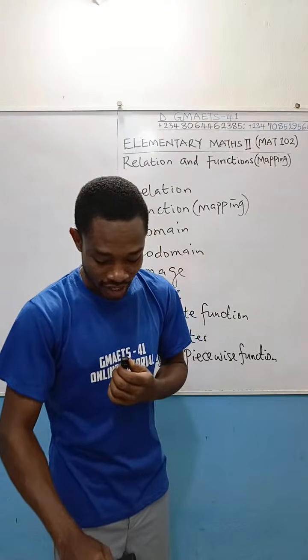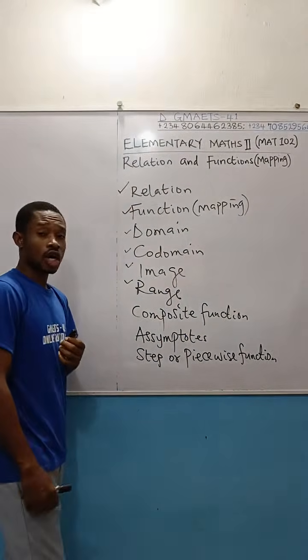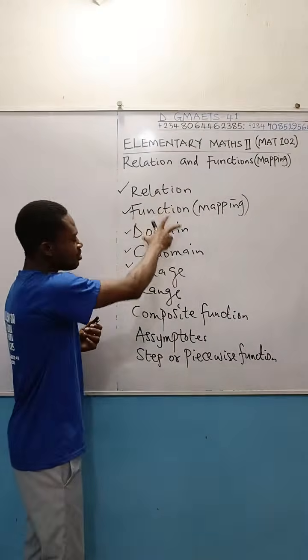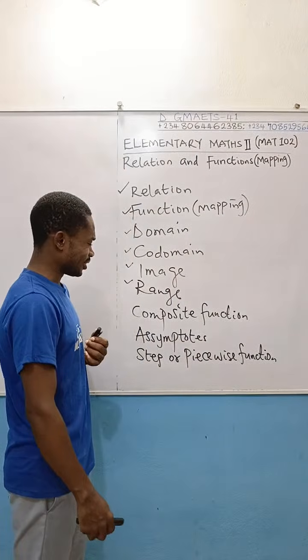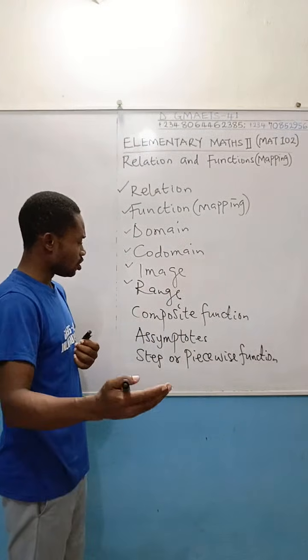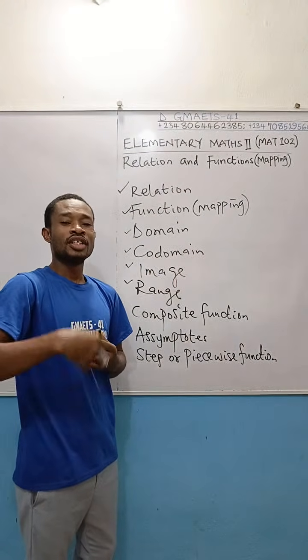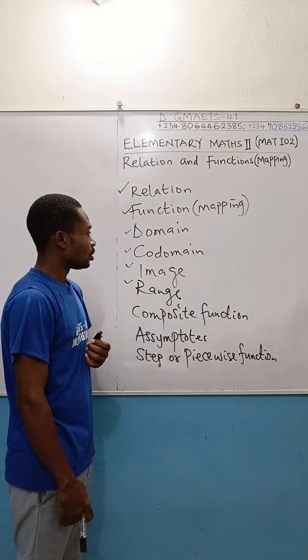But don't worry, like I said, we're going to deal with all these things as we move on in this course. We are looking at relations and functions. I've highlighted the major things you learn under relations and functions. I don't think there is anything missing. Within this concept of function, we have the one-to-one, the onto function, and the one-to-one and onto function. Okay.